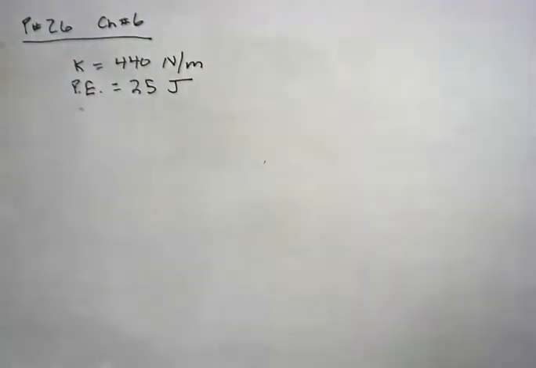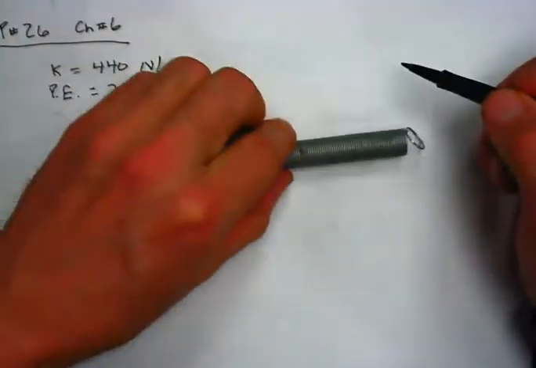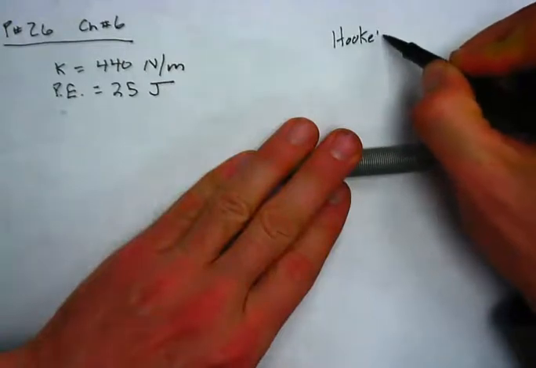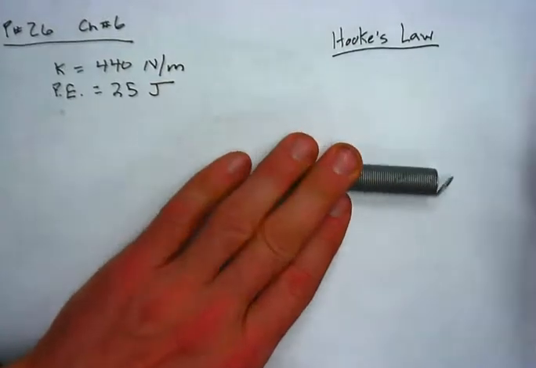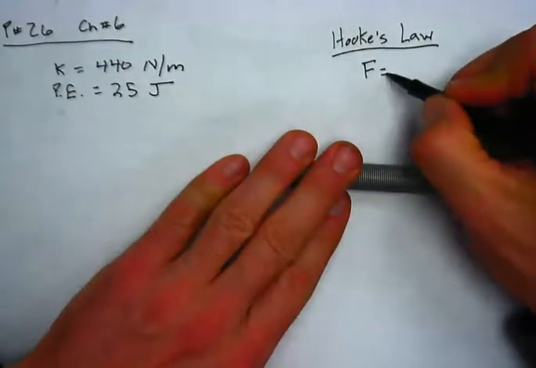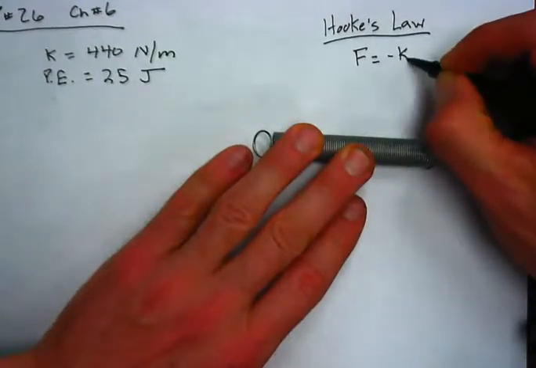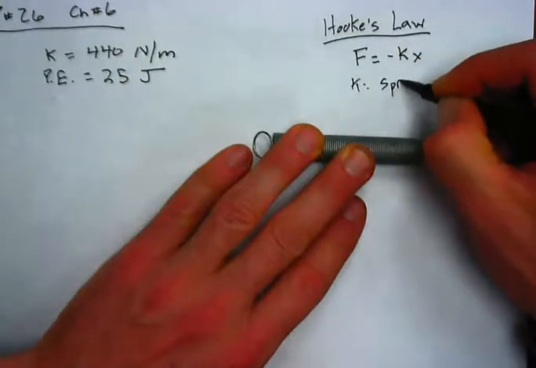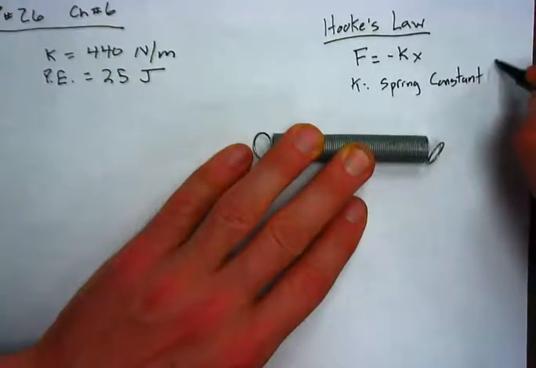Lots to talk about today, physicists. So let's talk about springs. Here I have a spring. Springs are governed by what we call Hooke's law. You don't have to know the name of Hooke, but Robert Hooke was the arch enemy of Isaac Newton. Long story. Anyway, here's the equation for springs. The force exerted by a spring is equal to minus kx, where k is the spring constant, measured in newtons per meter.